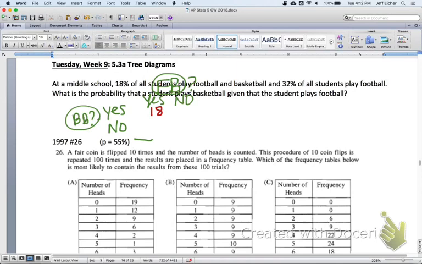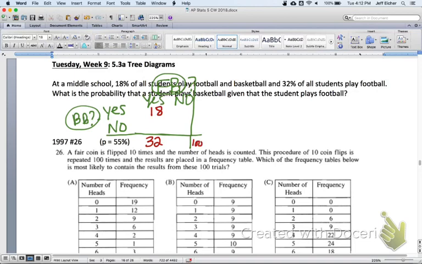So we would have 32 play football. That would be this number down here. So that would be this number, 32 out of 100, our imaginary 100.